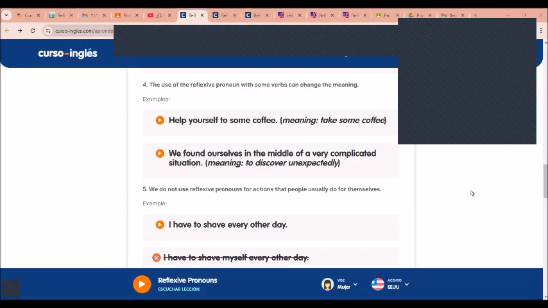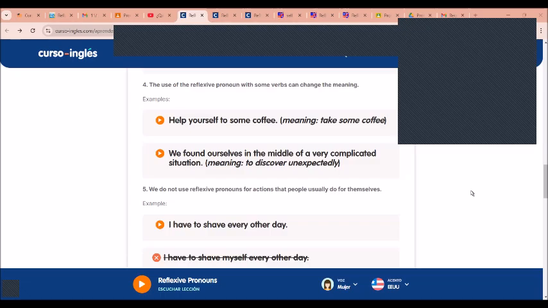All right. We don't say those phrases with reflexive pronouns because it's obvious. Taking a shower, who else? Eating, who else? All those actions where it's very clear that it is you who will do it, then it's obviously not necessary.